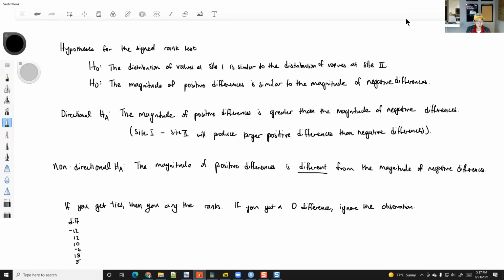So then in order, the absolute values we'll have 5, 6, 10, 12, 12, 18. 1, 2, 3, 4, 5, 6, right? So these are the numbers, right? Okay. And then you say, okay, what are the ranks?